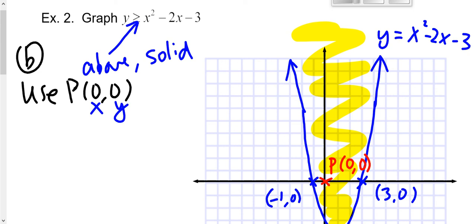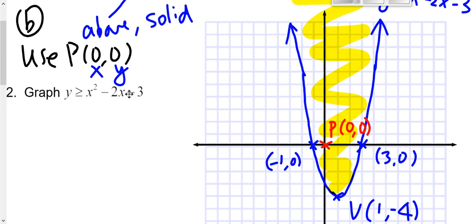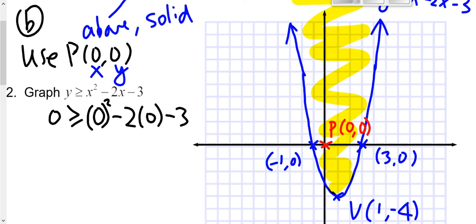Okay, so now let's put that here. Y is 0, greater than or equal to 0 squared minus 2 times 0 minus 3. Left hand side 0, greater than or equal to, this gives you 0 minus 0 minus 3.